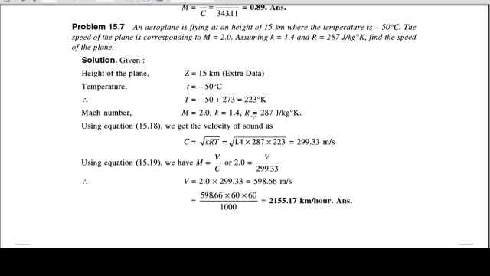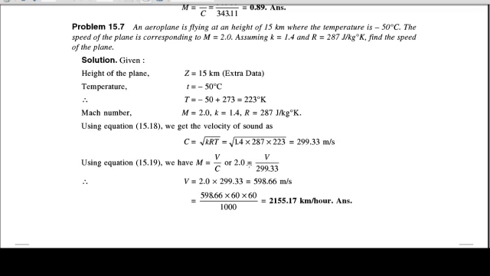Then the velocity of sound, c is equal to under root of kRT, under root of 1.4 into 287 into T is 223. So we get the value of c as 299.33 meter per second.